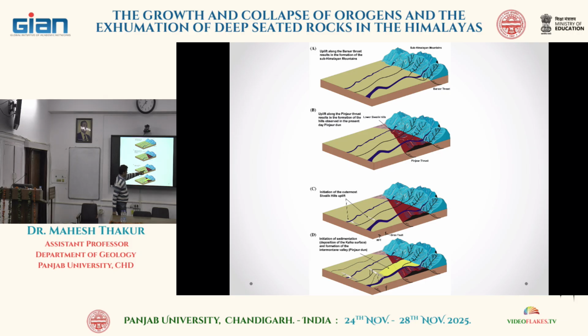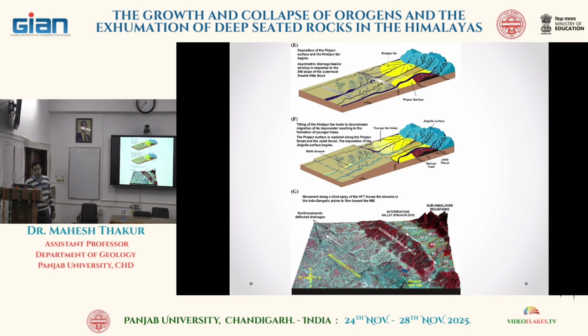Then there was an introduction of this Pinjore thrust, and then the introduction of HFT and Sirsa. Because of this, you have folding of these rocks, and so you have this outermost Shivalik. That is the formation of your Chandigarh anticline. So this is the model, right?